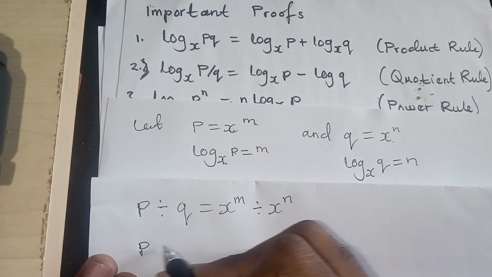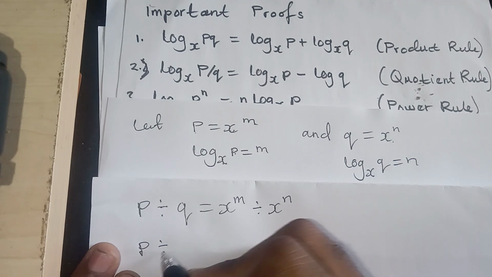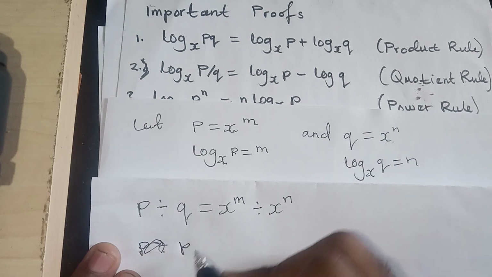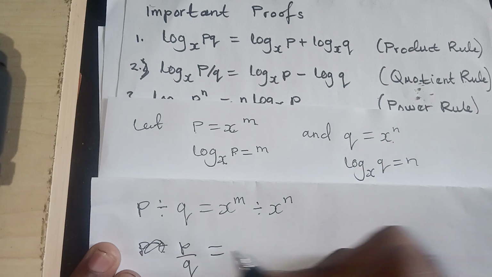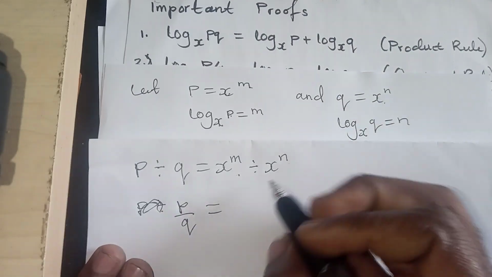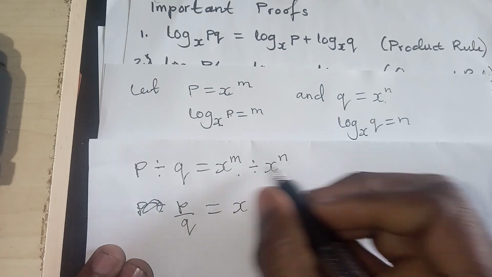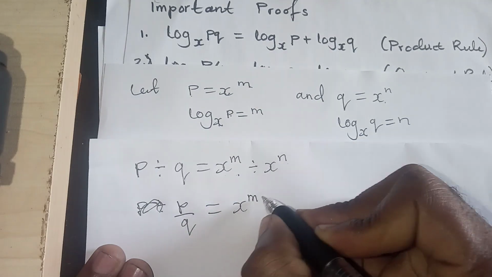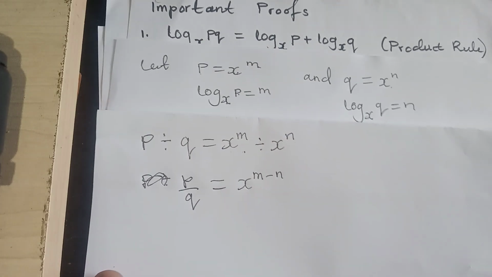And then we have p over q is equal to, when you're dividing indices with the same bases, you can just subtract the powers like this.